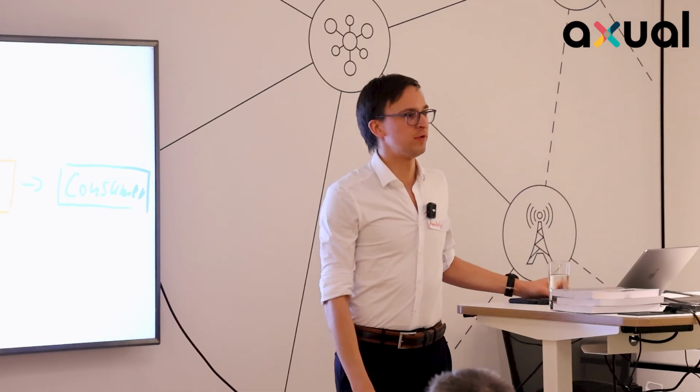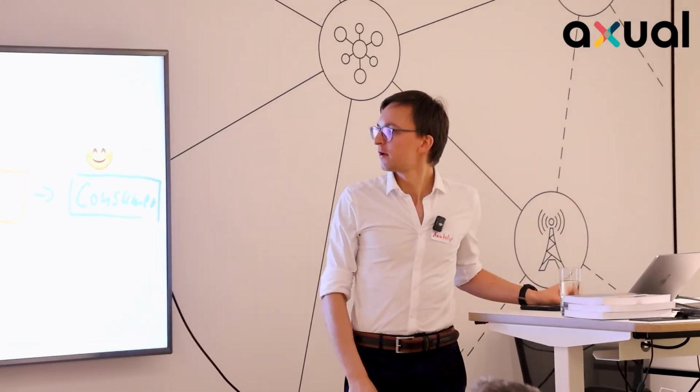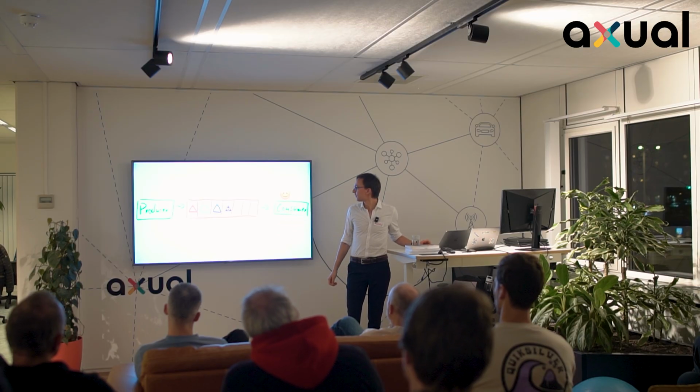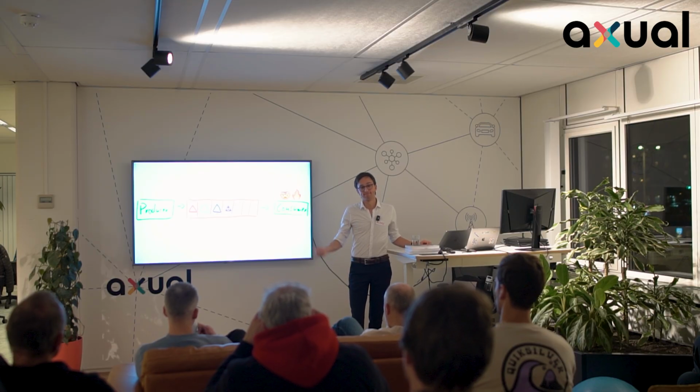The producer produces some data to it, a triangle, and the consumer is happy. Let's produce another triangle, the producer is still happy. Let's produce even more triangles, and finally another shape. What happens to the consumer? Kafka doesn't care, it just accepts the message, forwards it to the consumer, and the consumer explodes.